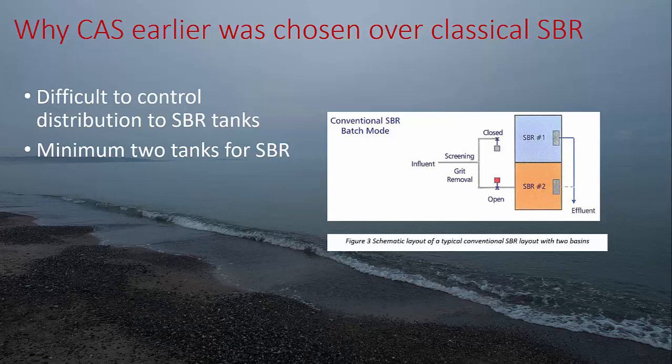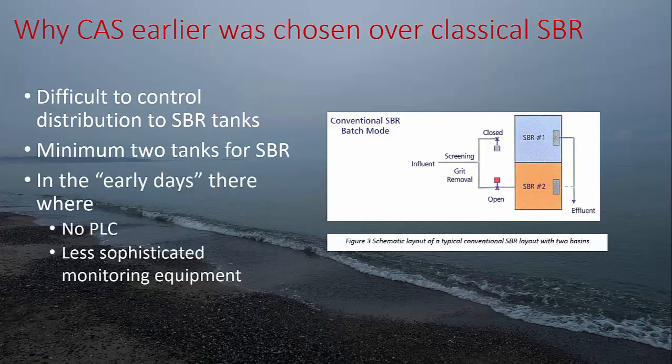Depending on flow variations over the day, it could be difficult to control the tanks. Furthermore, related to this, in the early days there were no PLC and less sophisticated monitoring equipment. Today, with PLC control systems, I would say control-wise, it's not an issue anymore.